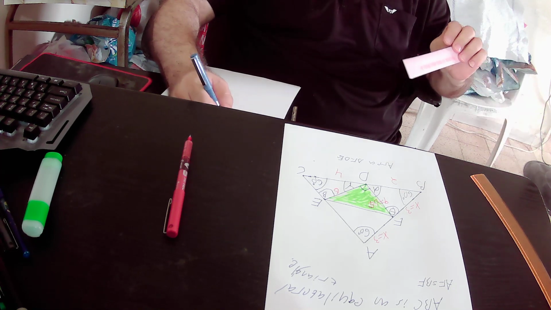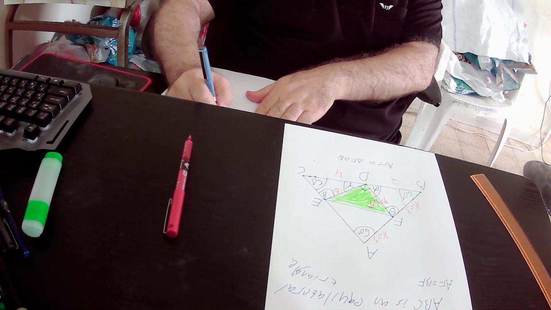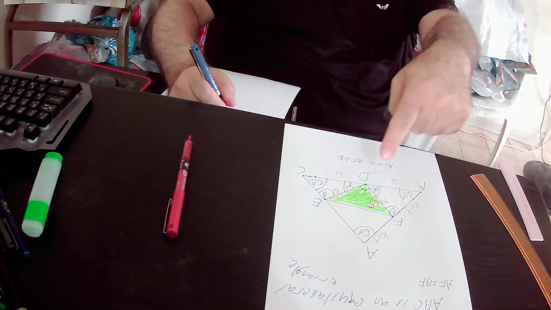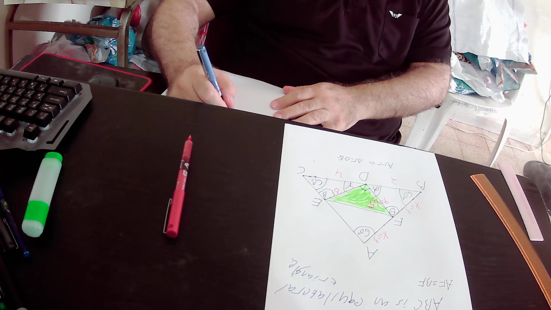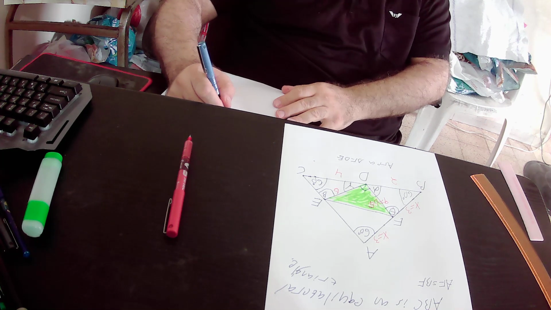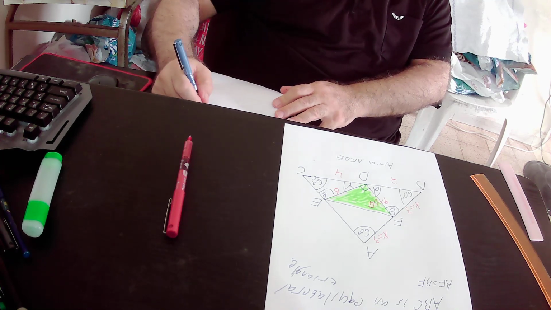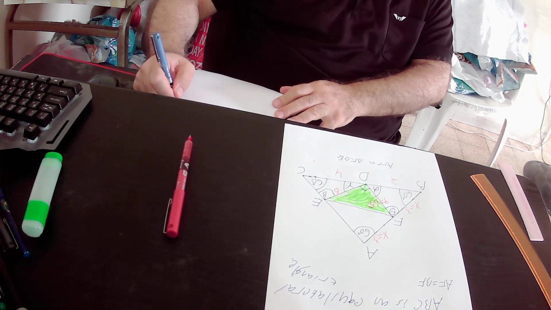The sum of the angles in triangle BFD equals 180 degrees. That is to say, 60 degrees plus alpha plus theta equals 180 degrees. So that will be our first equation.